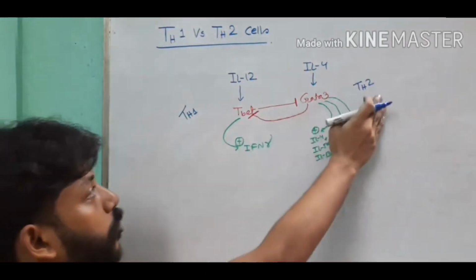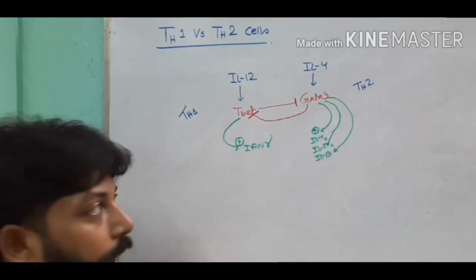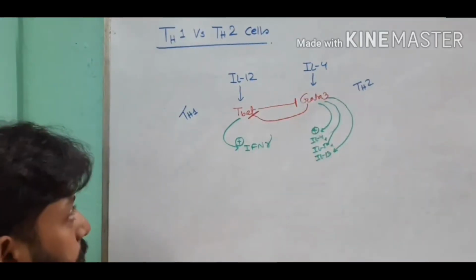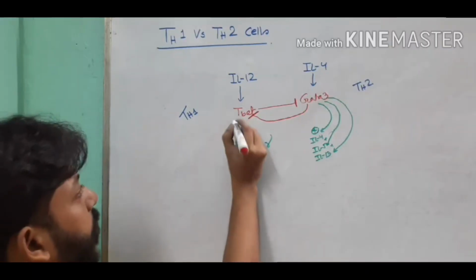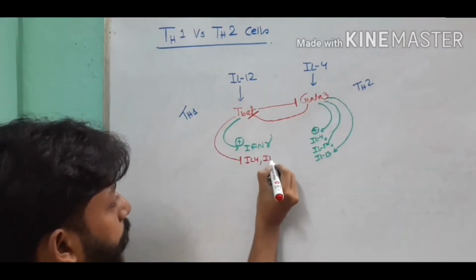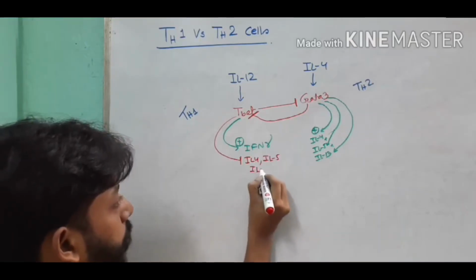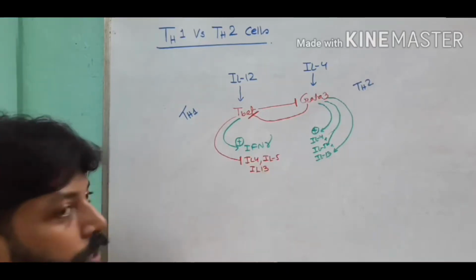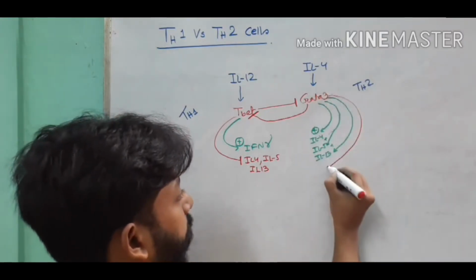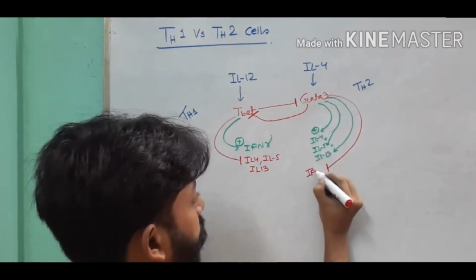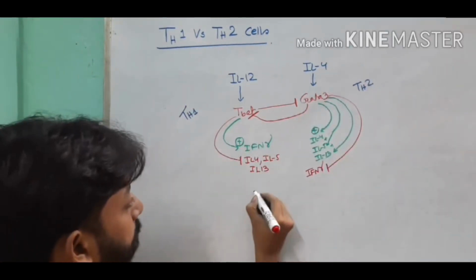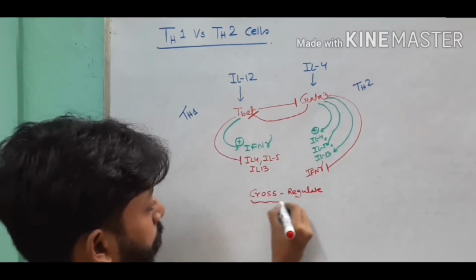TH1 cell cannot become TH2 because TBET inhibits GATA3 and GATA3 inhibits TBET. Not only that, TBET negatively regulates IL-4, IL-5 and IL-13 production, and GATA3 also negatively regulates production of IFN-gamma. So you can see TH1 and TH2 cells cross-regulate each other.